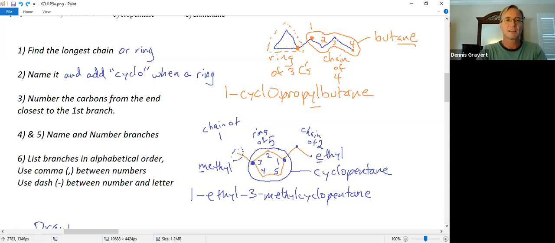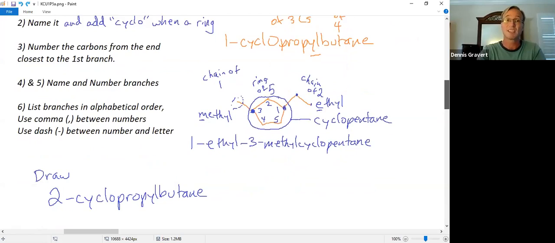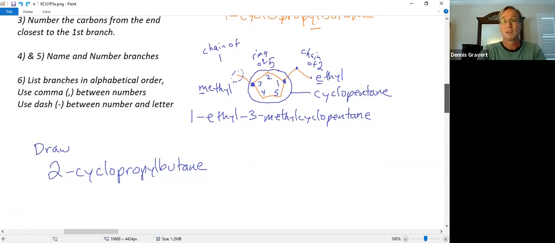As we do more and more naming, you'll see that in a certain case, there is no other possible number. And so there are times that IUPAC rules will allow you to drop a number, the position of a group, when there's no other possibility. So if it's not ambiguous as to where that branch is, then it's permissible to drop a number.